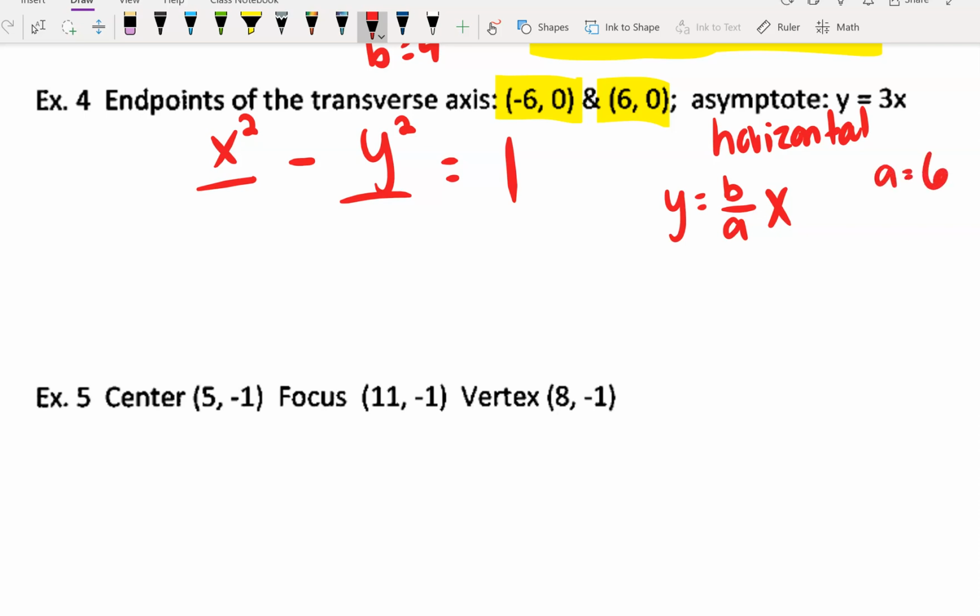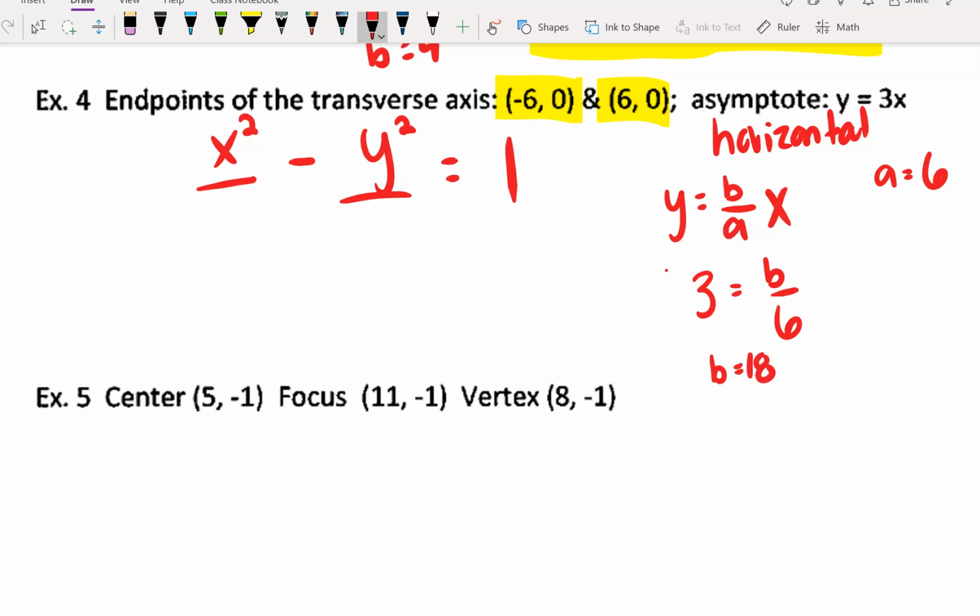A equals 6. And then we'll use that to find the b value. So we know that b over a x is going to be 3x. So b over a equals 3. And then we know that a is 6. So I'm just going to replace a with 6. And then just cross multiply, b equals 18.